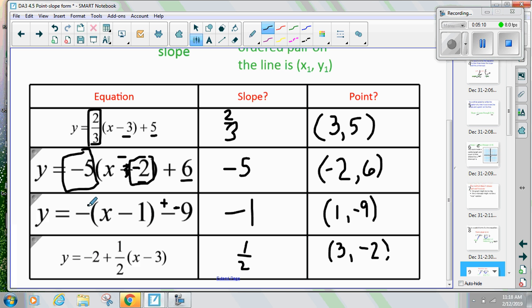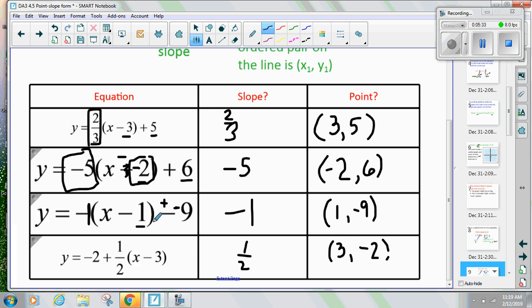So I have a slope of -1, because remember, whenever there's not a coefficient, that's an invisible coefficient of 1. So I have a slope of -1, and I have my x and y values. I did a +1, because remember, this is x minus x sub 1, so x minus 1.